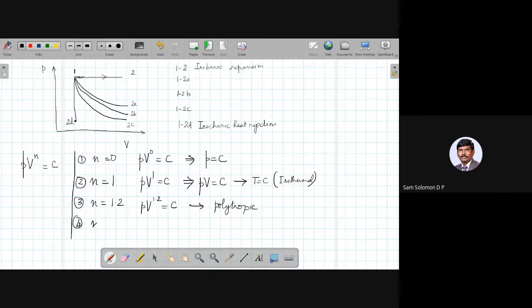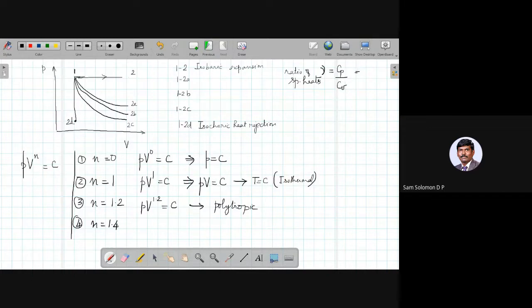And say n equal to 1.4. Why 1.4? Because of gamma. We haven't done this very clearly yet, but I have given you some introduction. This gamma is nothing but the ratio of specific heats: specific heat at constant pressure divided by specific heat at constant volume.